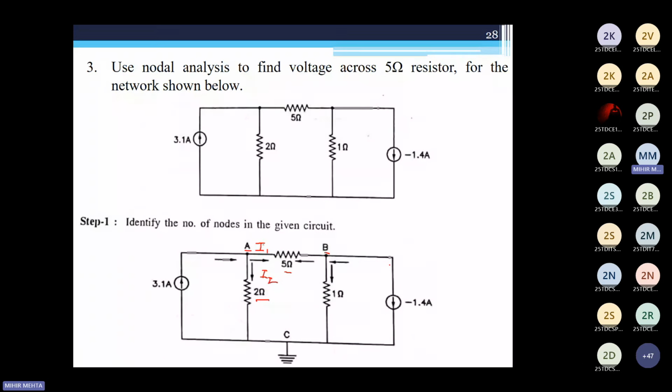Similarly, if I talk about the current entering here, so 1.4 amperes is entering B, would be equal to, let's call this current I3 and this current I4.